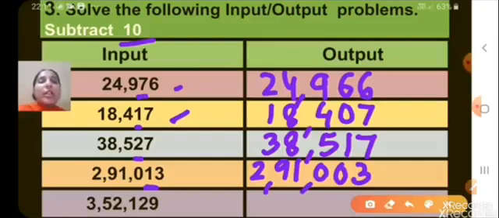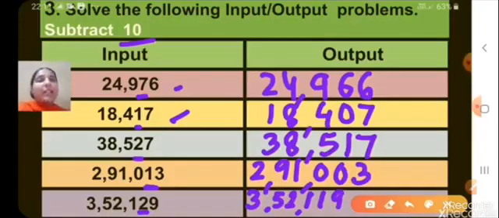So now what is the digit at the tens place here? 2. So we will subtract 1 from it. So what will we get here? 3,52,001, and 2 minus 1, what will we get, children? 1, and 9. So in the output column here we will have 3,52,119.